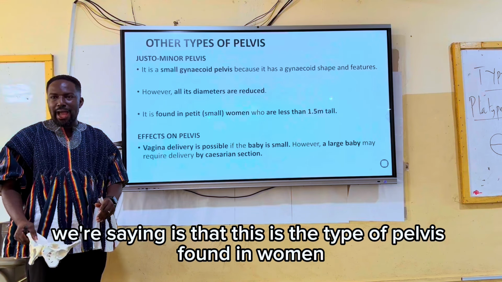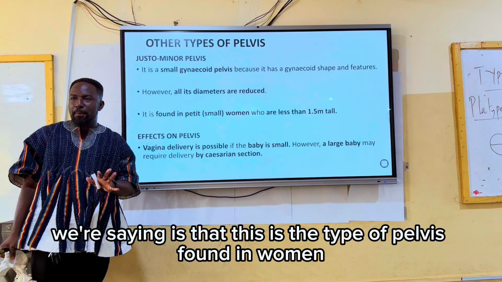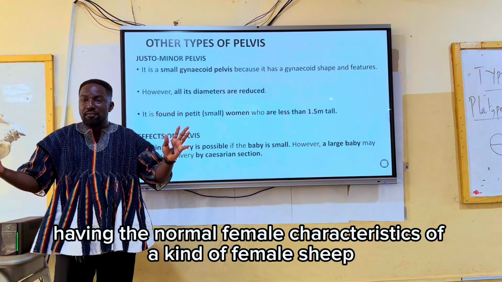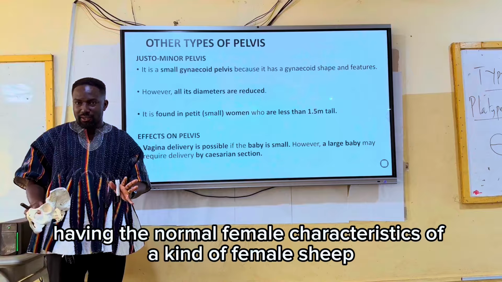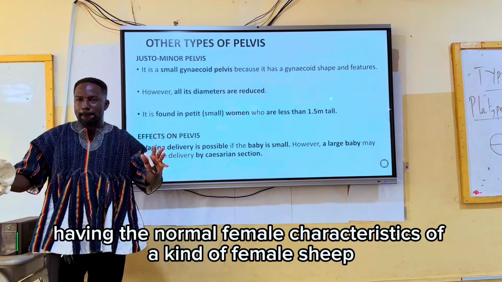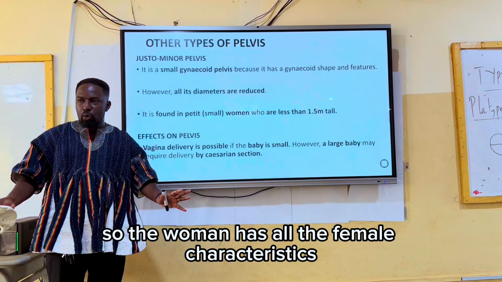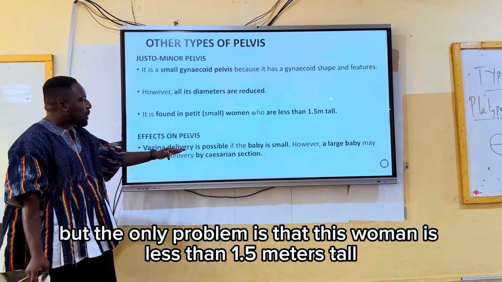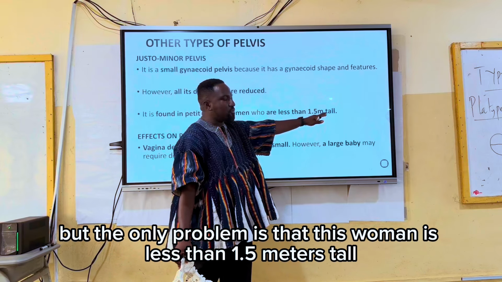So what we're saying is that this is the type of pelvis found in women having the normal female characteristics of a gynaecoid female shape. So the woman has all the female characteristics, but the only problem is that this woman is less than 1.5 meters tall.